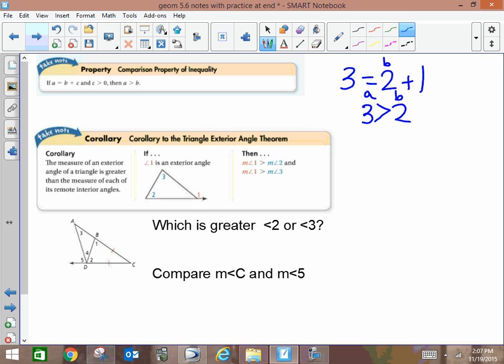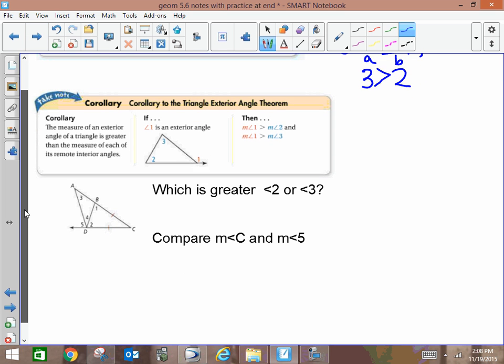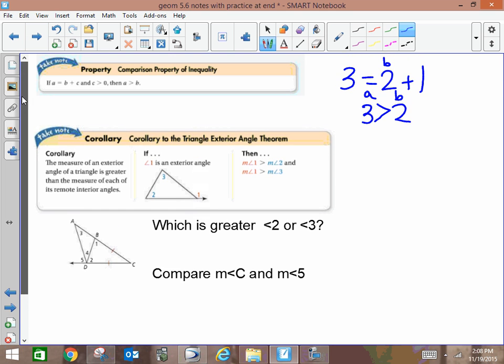All right. Corollary to the triangle exterior angle theorem. Remember that one? The triangle exterior angle theorem, what does that say? Do you remember the words? The exterior angle is the sum of the 2 remote interior angles. So these two go together.